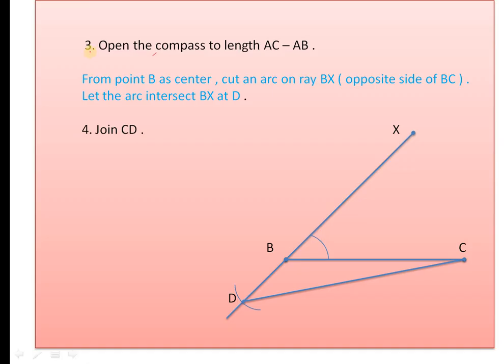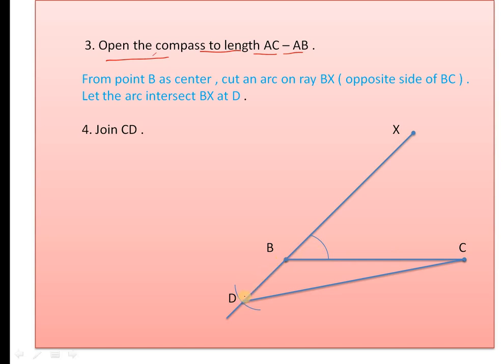Step third, open the compass to length AC minus AB. We open our compass to length AC minus AB, and from point B as a center, cut an arc on BX on the opposite side of BC.